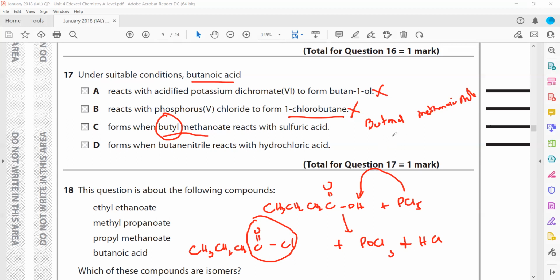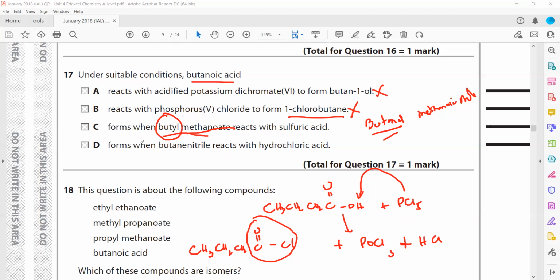So butanoic acid is not formed, it forms butanol, because the first part of the ester comes from the alcohol, and the second part is the acid.